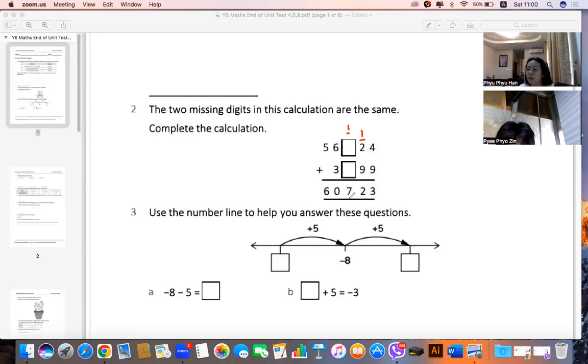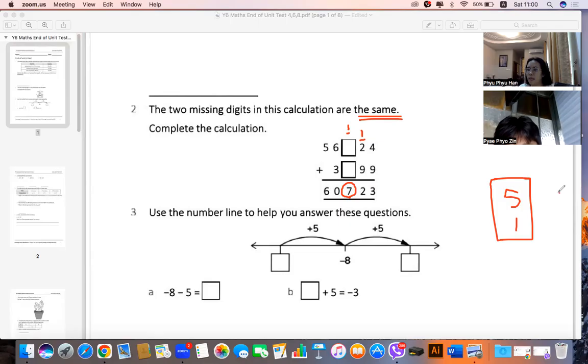1 plus the 2 numbers, we get 7. So what are the 2 numbers? 5 and 1. If you put 5 and 1, actually 6 is correct, but it says the 2 missing digits in this calculation are the same.